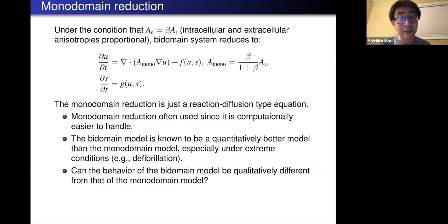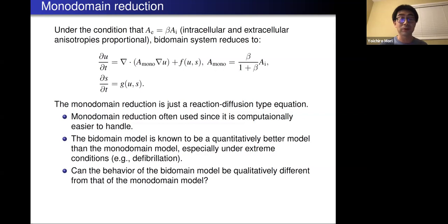This monodomain reduction is often used in cardiac electrophysiology simulations because it is easier to simulate than the bidomain model. But the bidomain model is known to be quantitatively a better model than the monodomain model, especially under extreme conditions such as defibrillation.